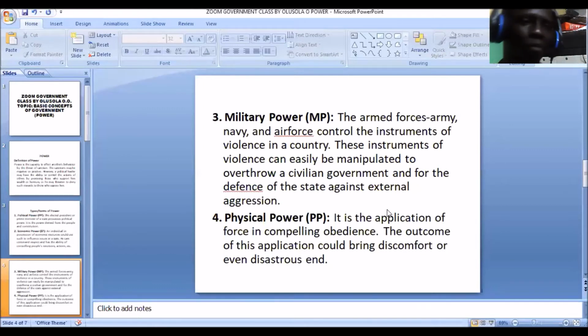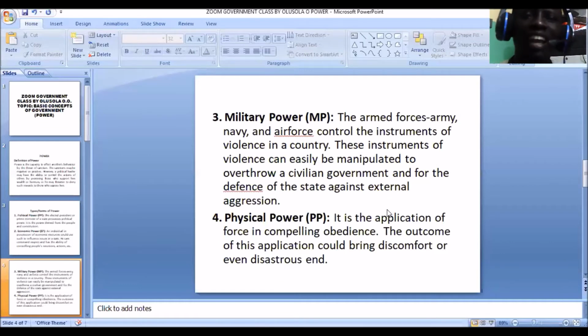Then the last type of power I want us to examine is what I call physical power, the application of force in compelling obedience. I told us that power is central in human society. At home, you find a husband bullying the wife, telling the wife that I have 9 bones, you have 7 bones, so I have more bones than you.